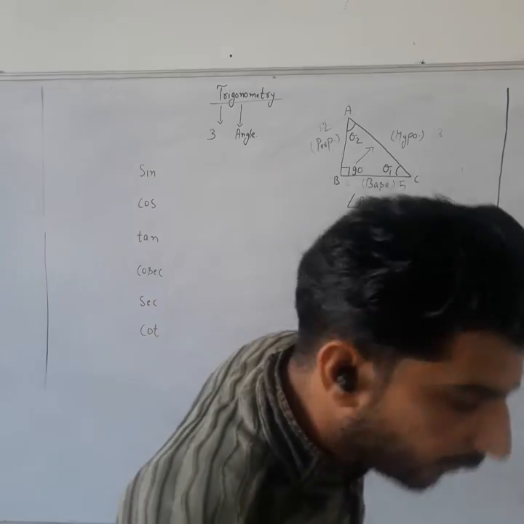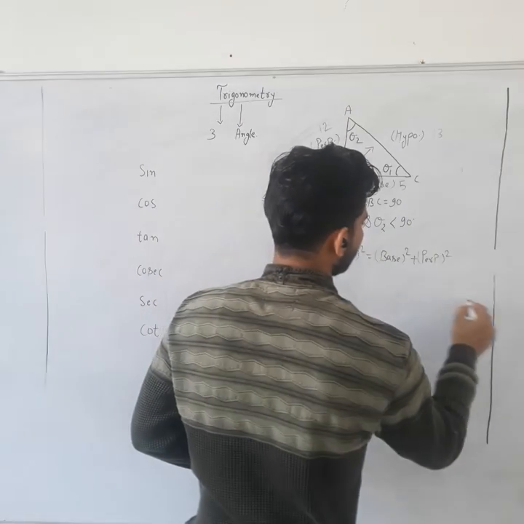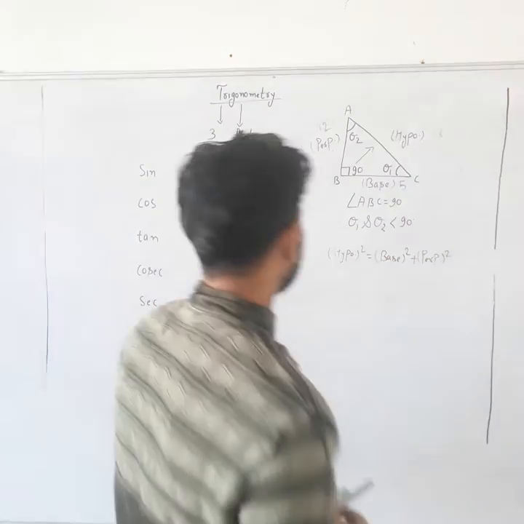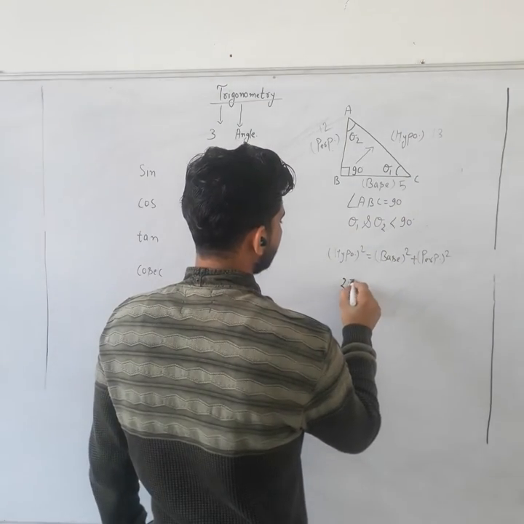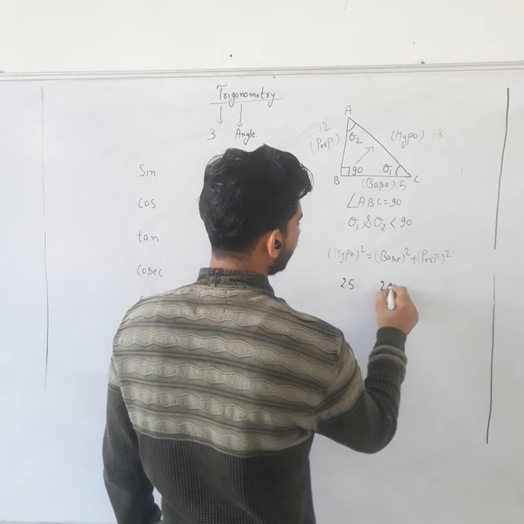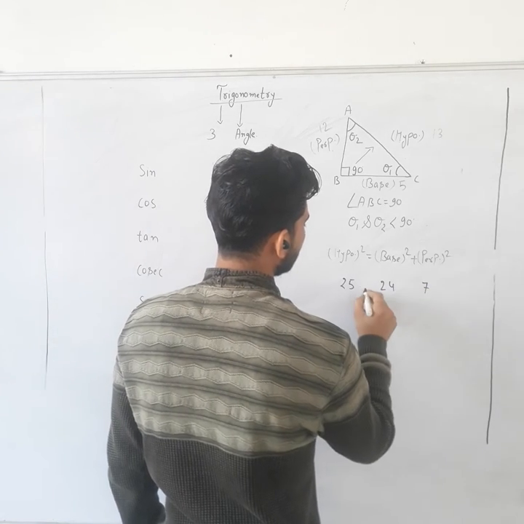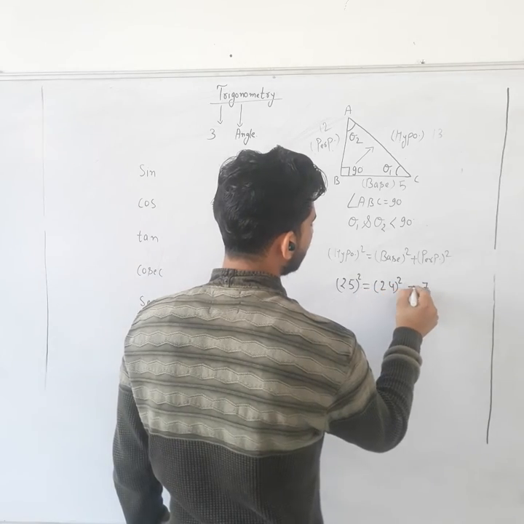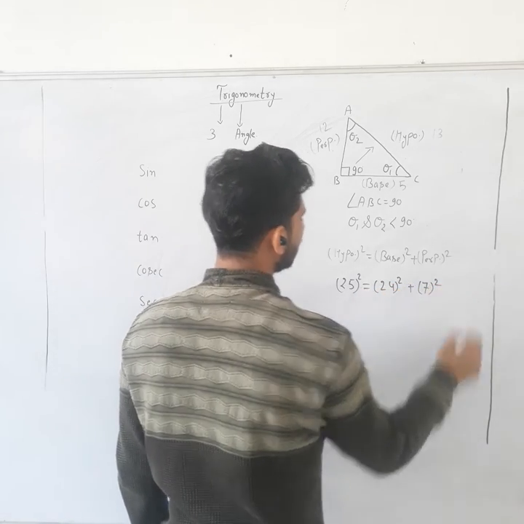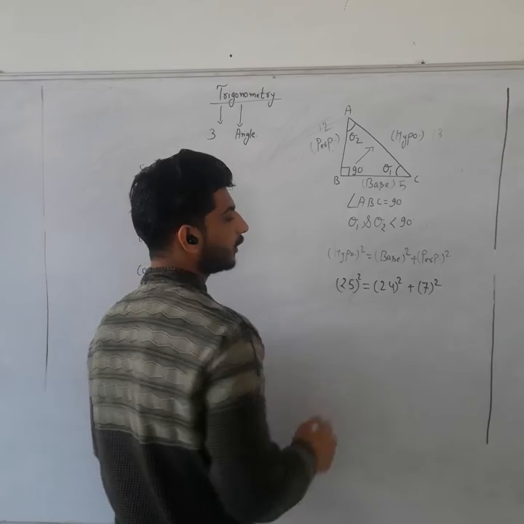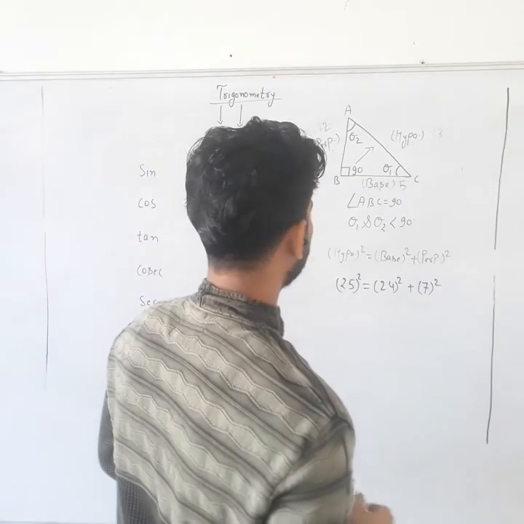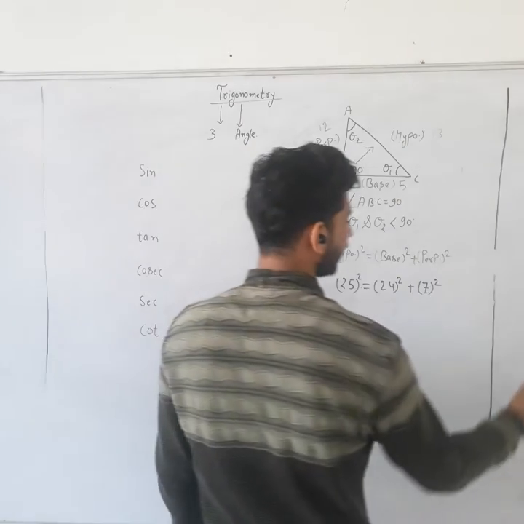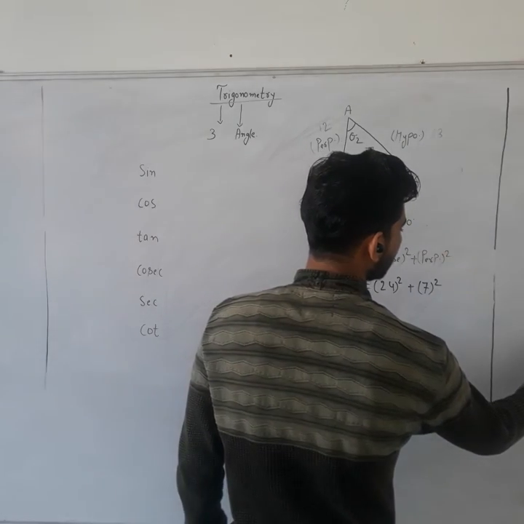We can take more examples and we will discuss Pythagorean triplets. Another example is 25, 24 and 7. 25 square equals 24 square plus 7 square. Those which satisfy the Pythagorean equation are known as Pythagorean triplets.